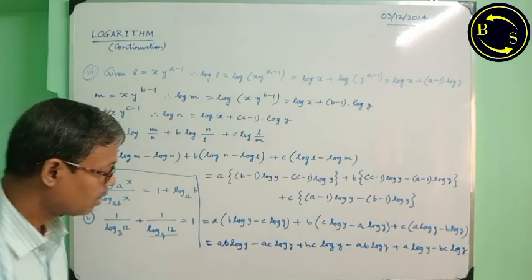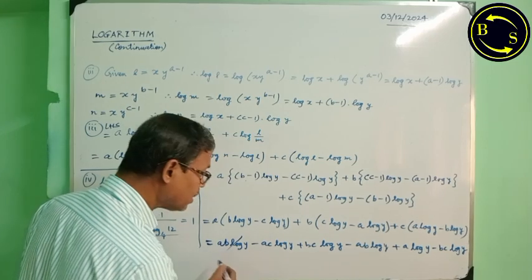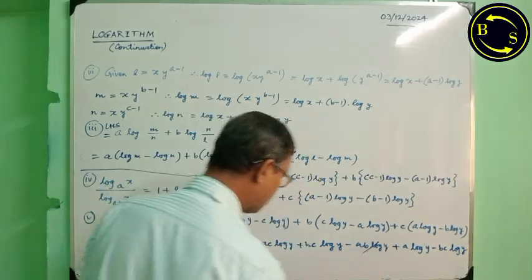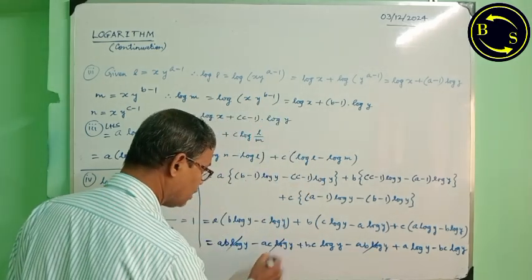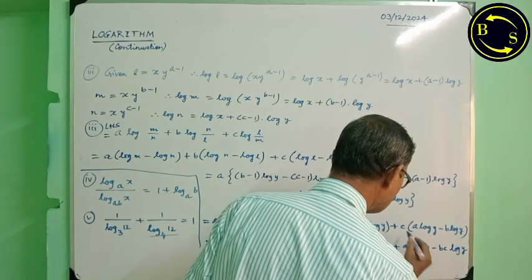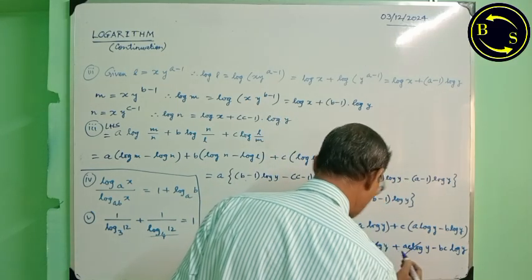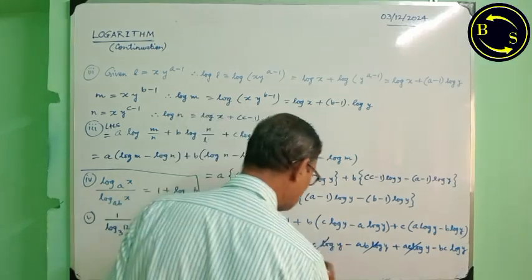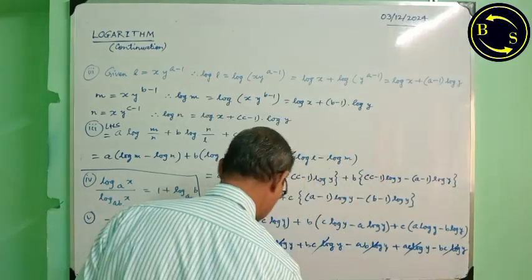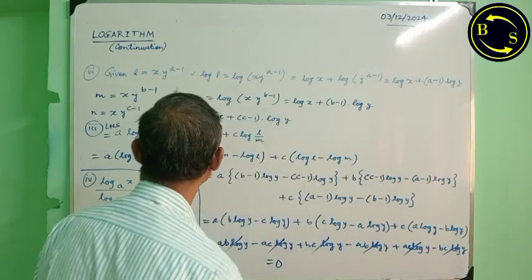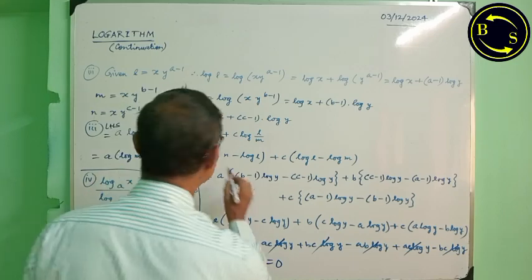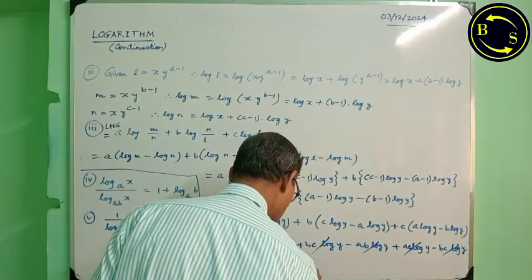See, ab log y cancelled, ac log y cancelled, then bc log y cancelled. Therefore, the value is 0. And that is the RHS part.